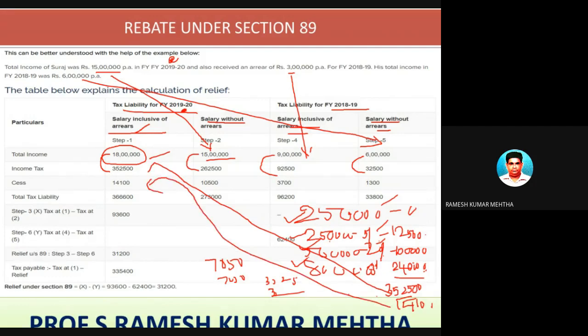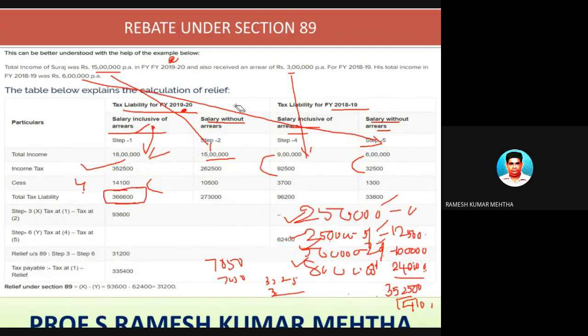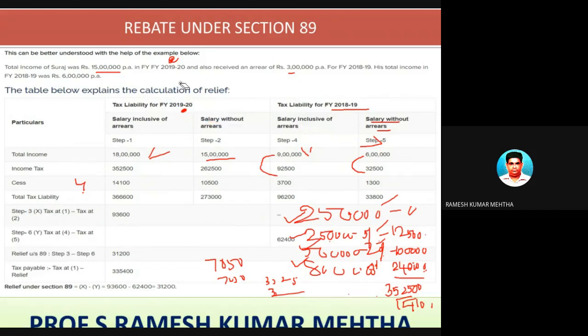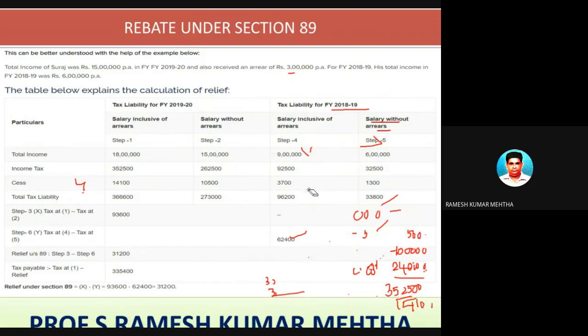Yes, we got it. Now he has to pay income tax of this one, and on this income tax 4% cess, and in total he has to pay for the financial year 2019-20, when you include arrears of the previous year in the current year, 3,66,600. So hope you have understood up to this stage and there is no element of doubt in your mind.